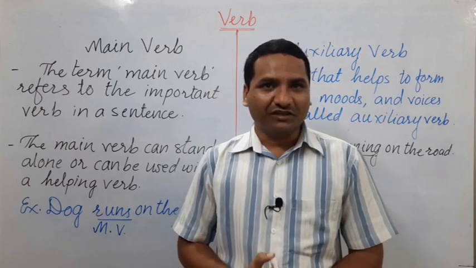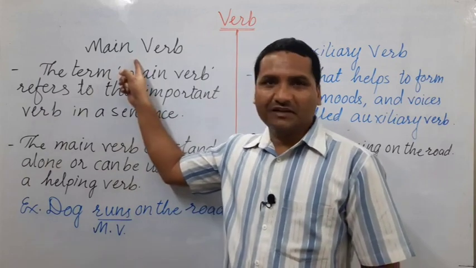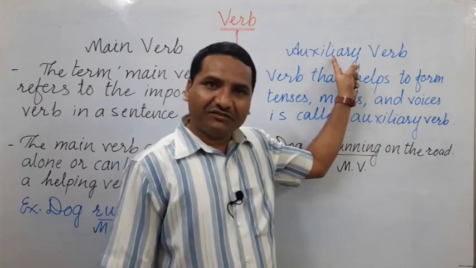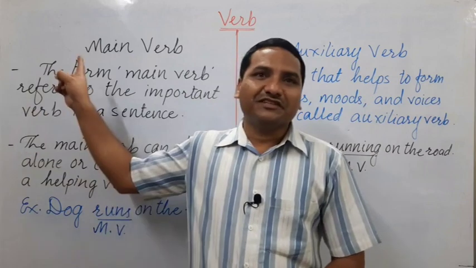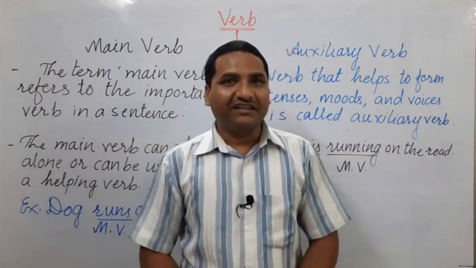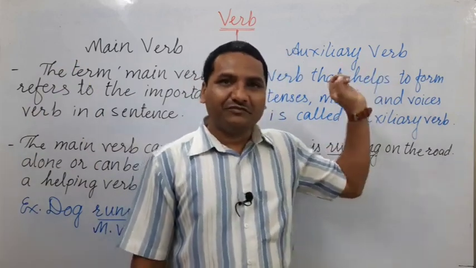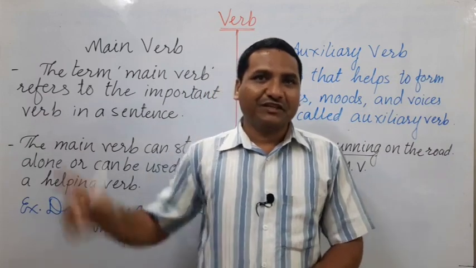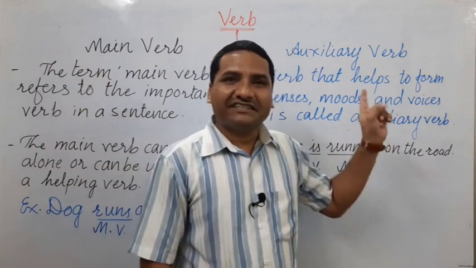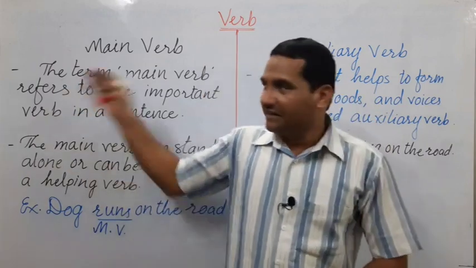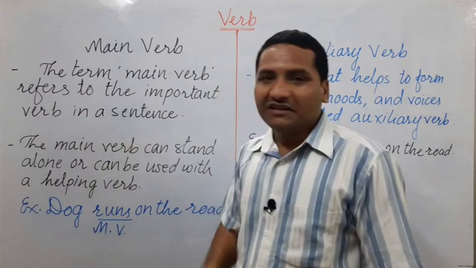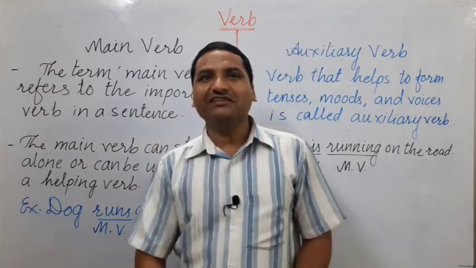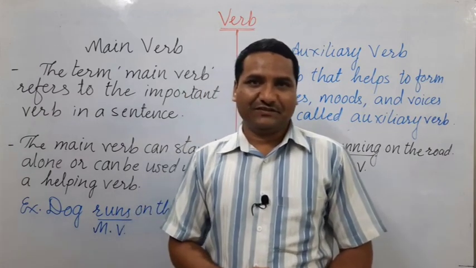First type of verb is main verb and another type of verb is auxiliary verb. Main verb means मुख्य क्रियापद आणि auxiliary verb means सहाय्यकारी क्रियापद. Let's see main verb. The term main verb refers to the important verb in a sentence.